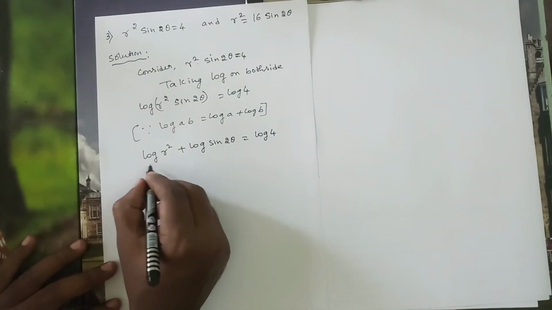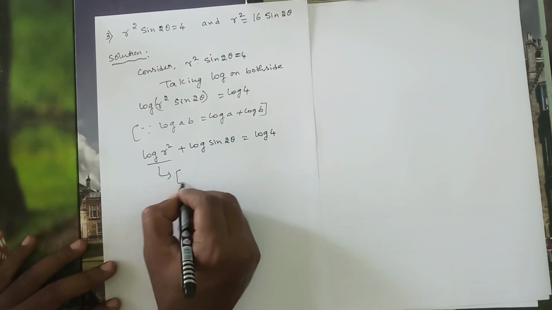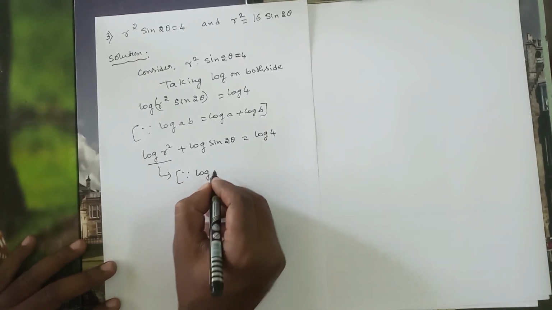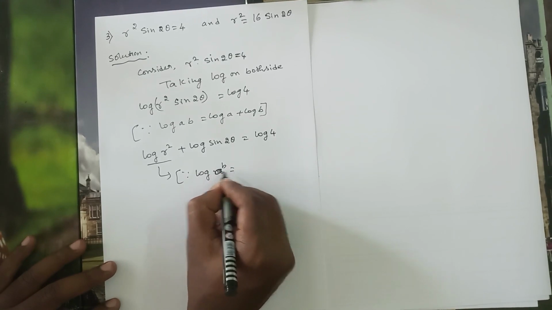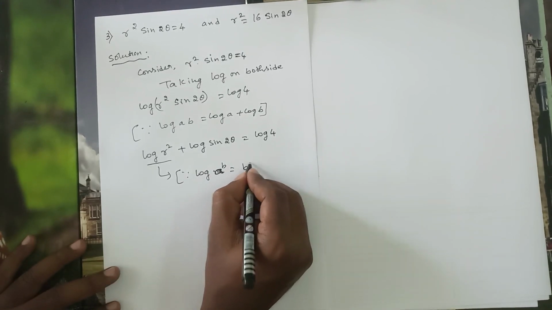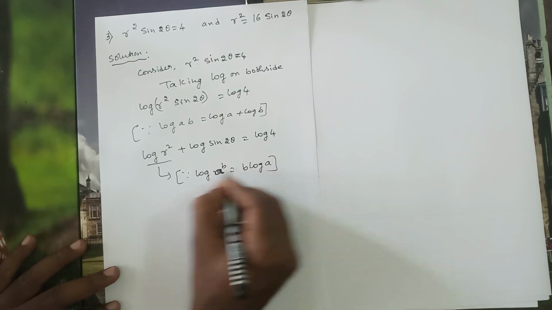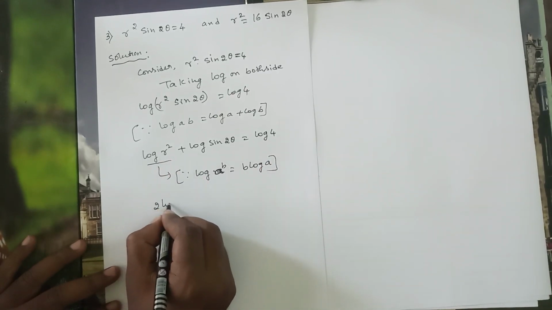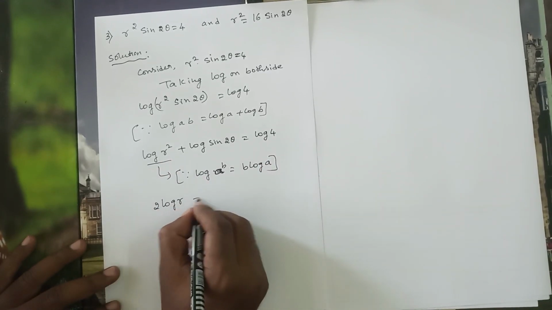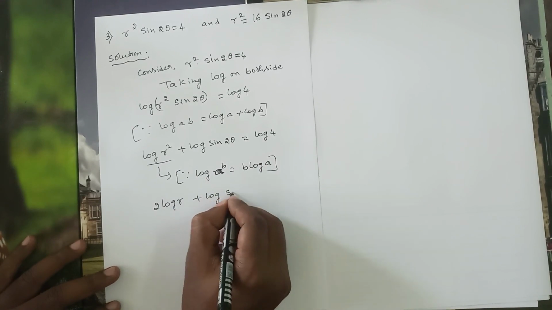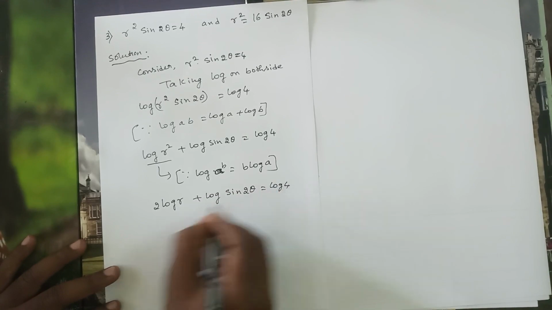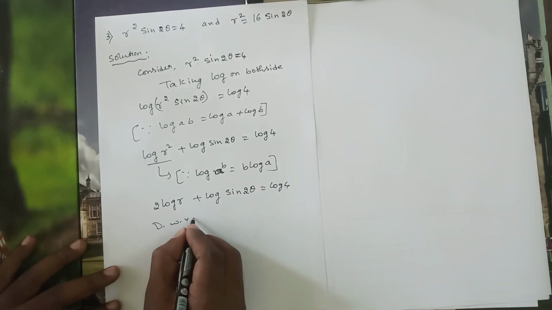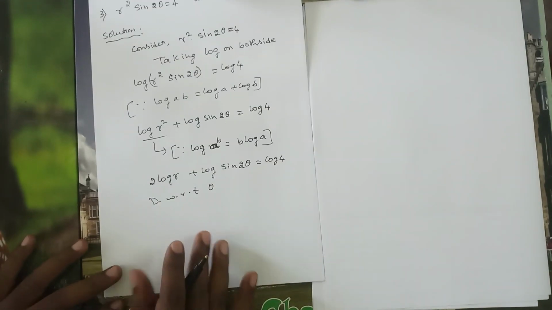Now here you have to use the formula log a to the power of b equals b into log a. So use that formula. So what do you get: 2 log r plus log of sine 2 theta equals log 4. Now differentiate with respect to theta.